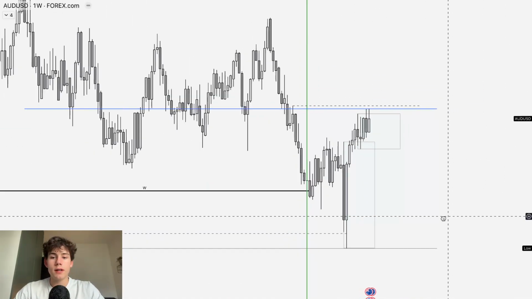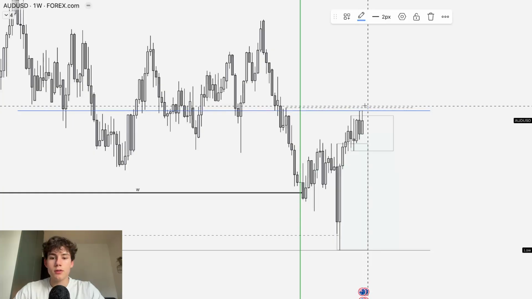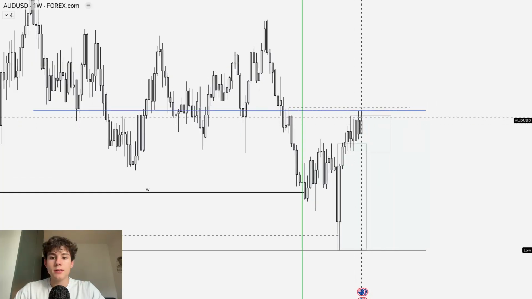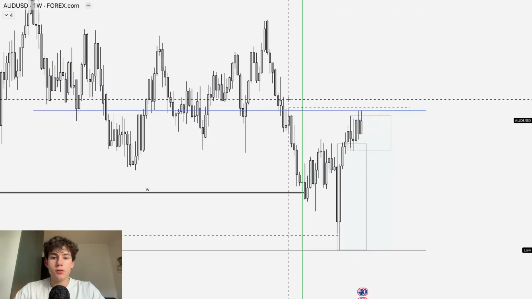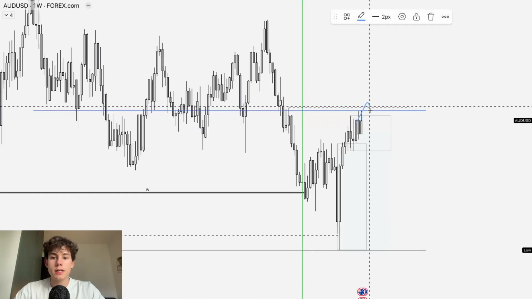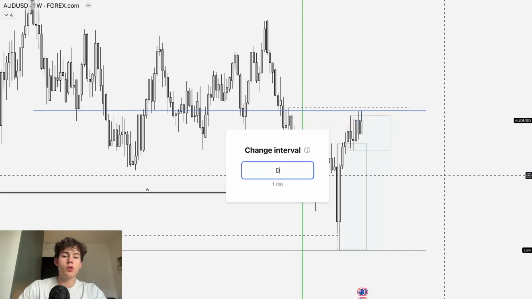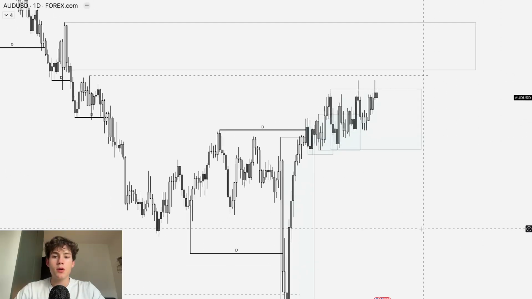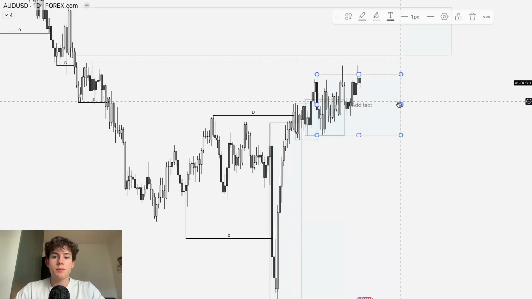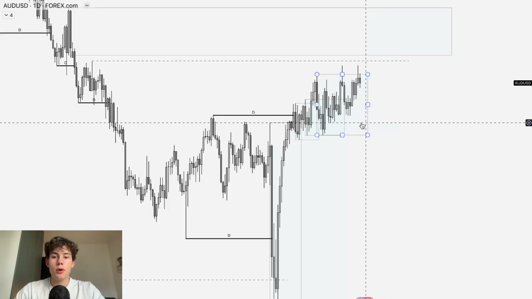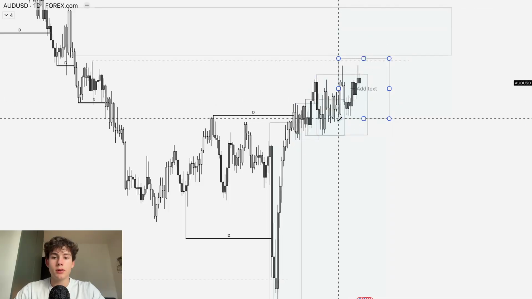So first off, let's take a look. We just tapped those premium prices, but I still think that we could see some upside in towards this liquidity before seeing that move down lower. So going over to the daily time frame, what can we see? Again, like expected, we traded up higher, but we are still a bit consolidative.